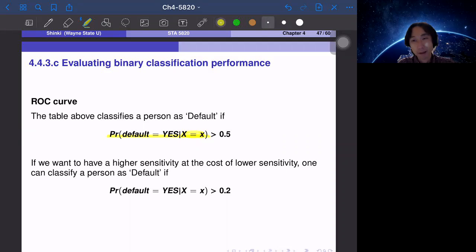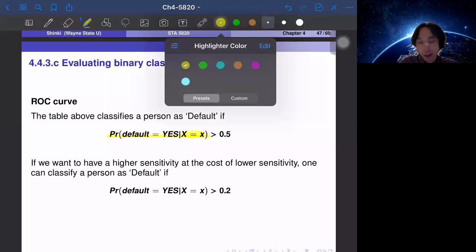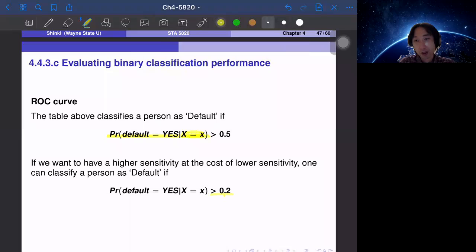For example, the banks want to avoid the risk of having risky people as borrowers. So if the default probability is more than 20%, then we want to reject that customer. In such a situation, we want to set the threshold much lower. For example, some states have restrictions on the interest rate, so even if the default probability is 25%, it does not make sense for the bank to lend money to that borrower.